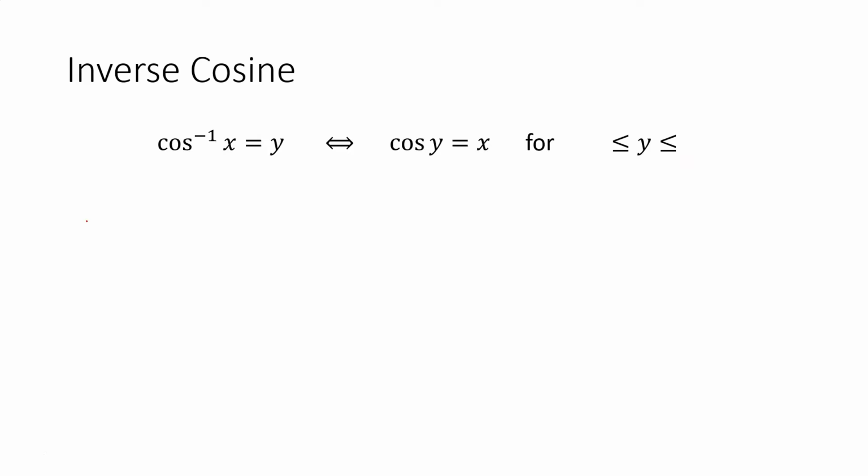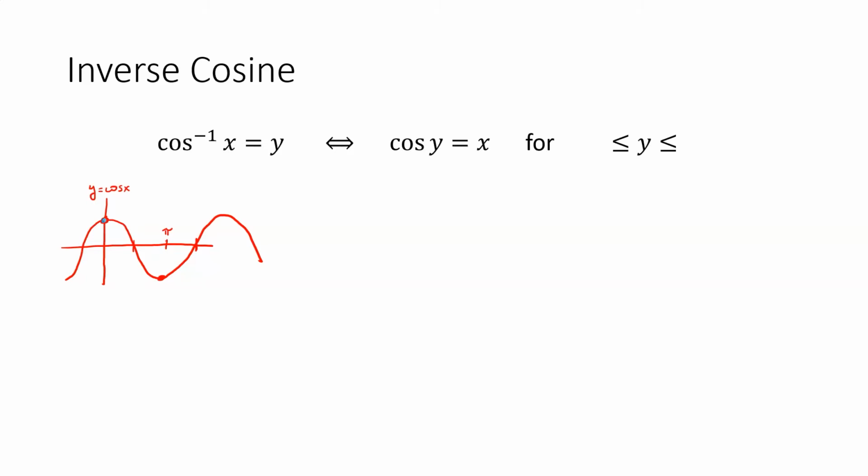So we should think about when cosine is 1-to-1. We know that the graph of cosine is very similar to the graph of sine. It's just sort of shifted over a little bit. And we notice that at x equals 0, so if I'm looking at y equals cosine x here, at x equals 0, it has that peak, and then at x equals pi is where it reaches that second peak.